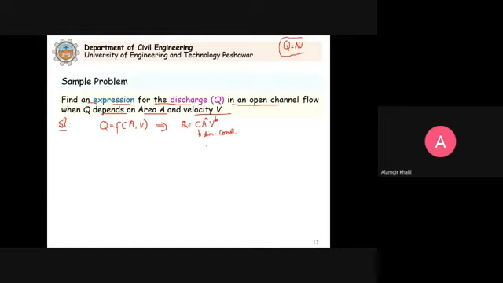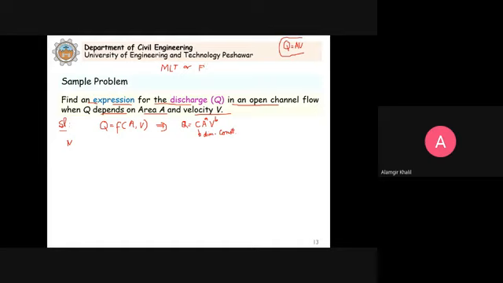Now, we studied that you can apply the MLT system or the FLT system. Mostly we will be dealing with these. Either you use the MLT system, mass, length, time, or you can use the FLT system, force, length, time. You will get the same result, this is for sure.